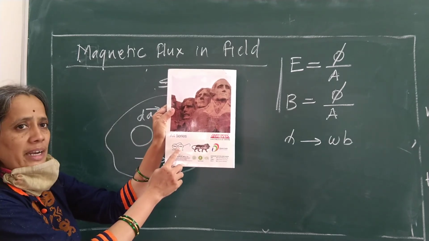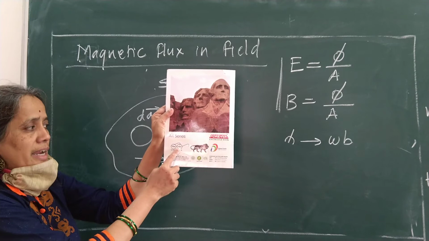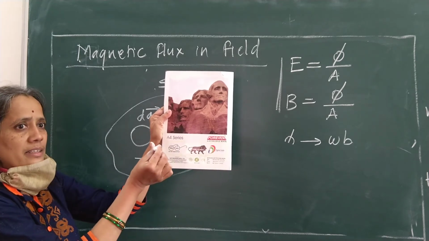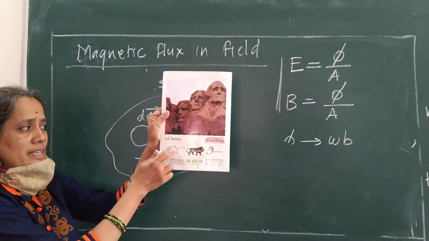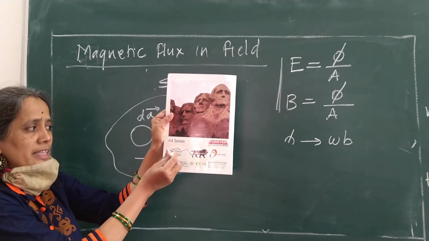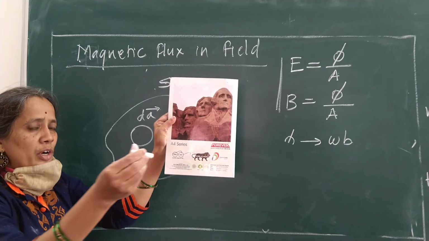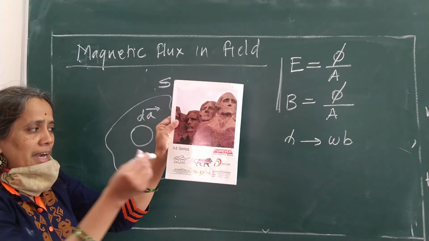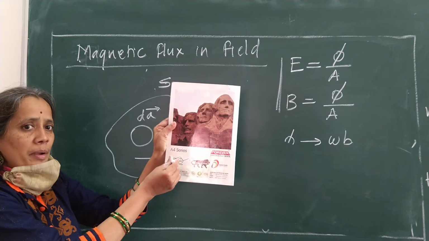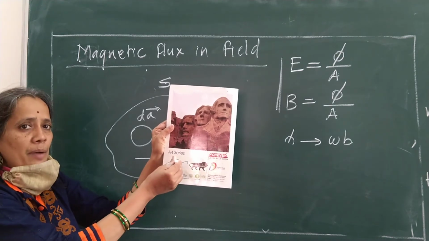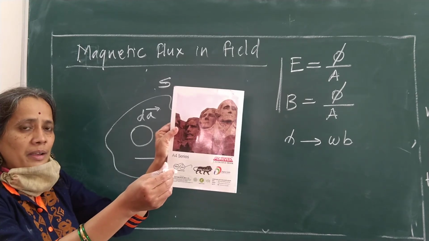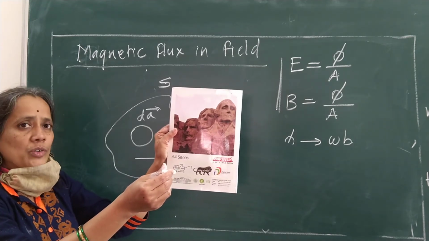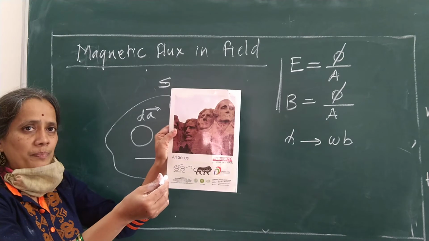And now my magnetic field. If my magnetic field is like this, towards the reader, towards the student, then for this area dA, the perpendicular component will come out. The direction of magnetic field and the area's perpendicular component will both be parallel to each other. Means your flux will be maximum.